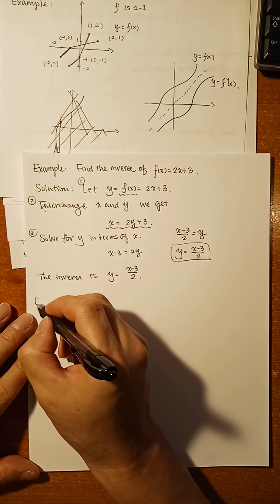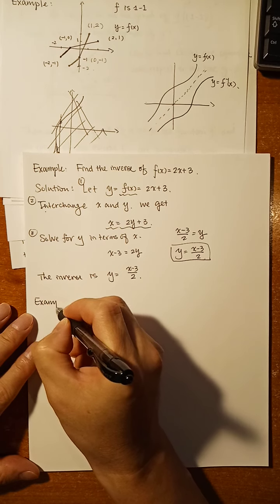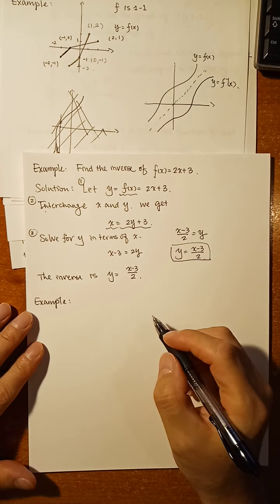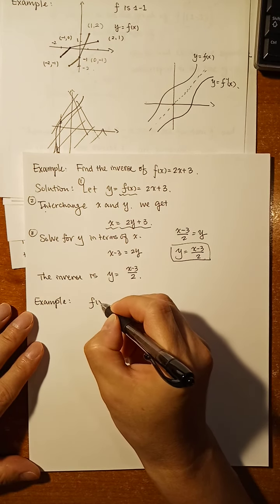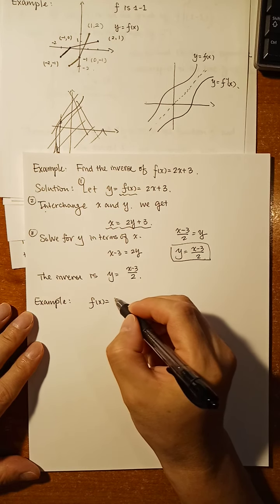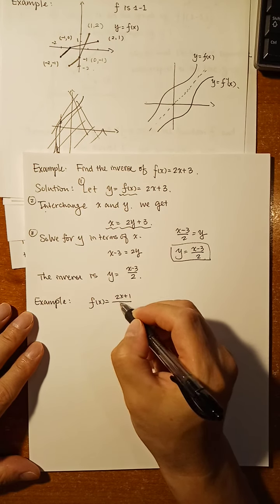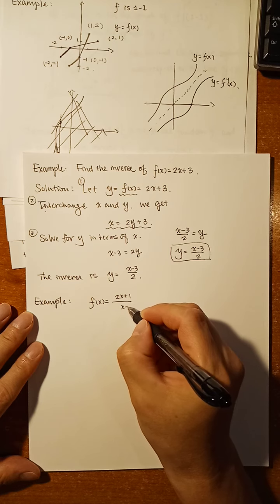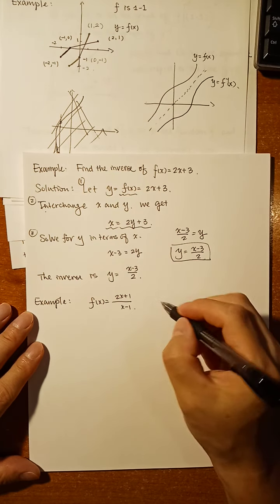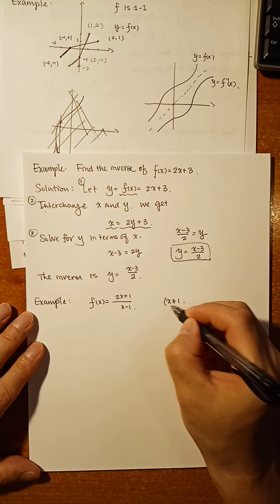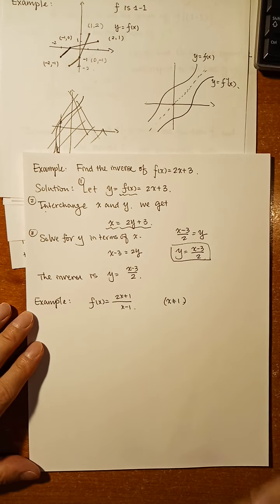Okay, so let's see another example. For example, if we have f(x) equal to (2x plus 1) over (x minus 1). What is the domain of it? Domain is x is not equal to 1, because when x is 1, the denominator is 0.